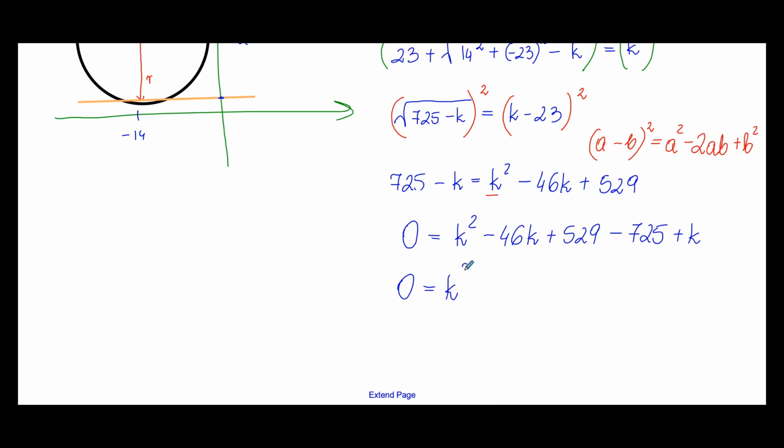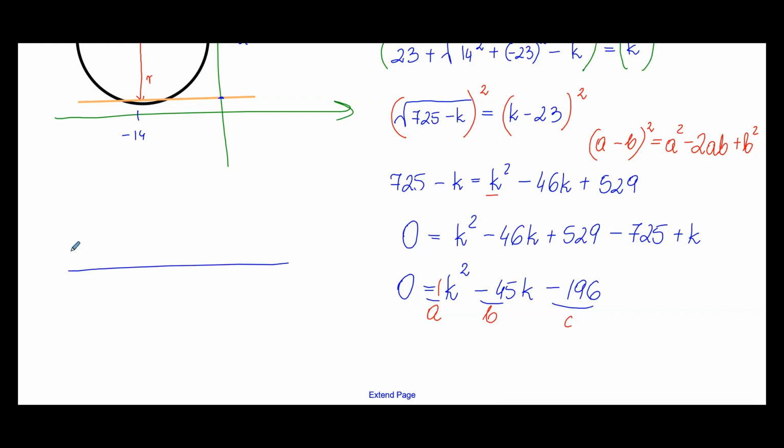So that means we have k to the power of 2 minus 46, and then plus 1 will give me minus 45k. And then those two numbers in the calculator, we press equal and we get minus 196. So now I have clearly a, b, and c. So let's write that a is 1, b is minus 45, and c is minus 196.